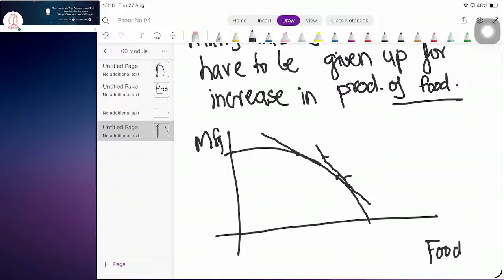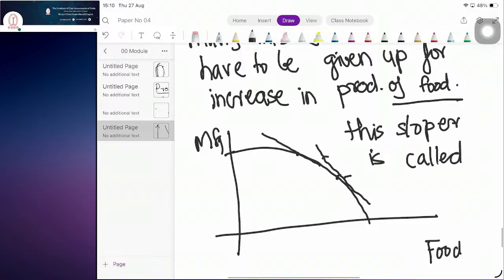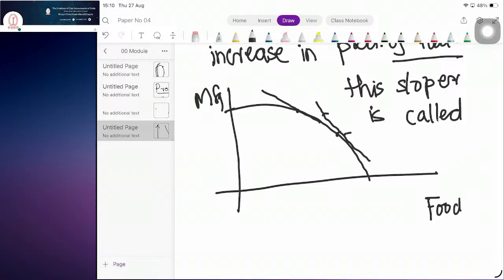Now write this here. This slope is called the marginal rate of transformation.